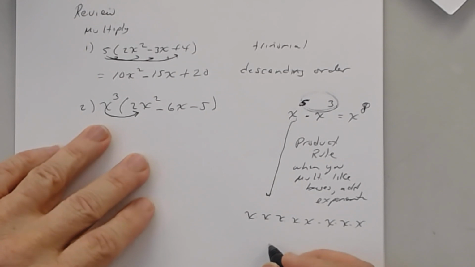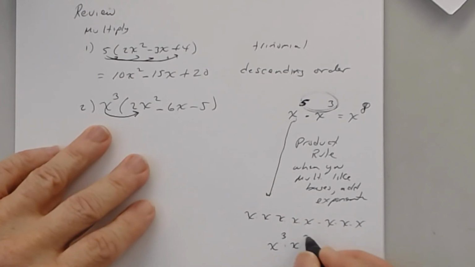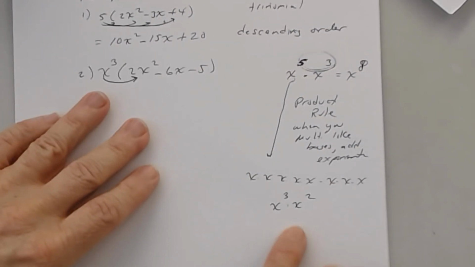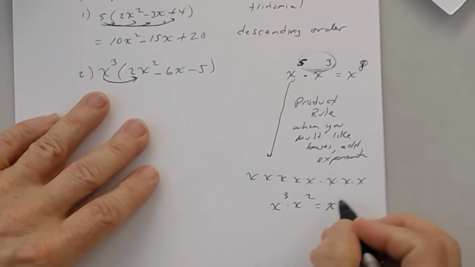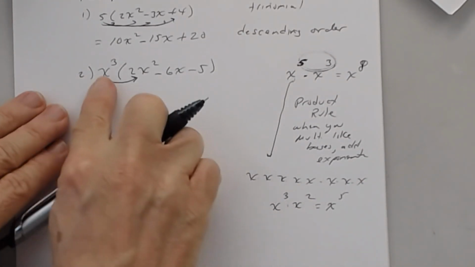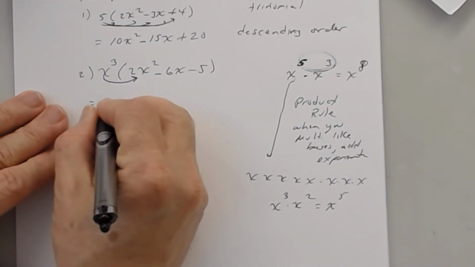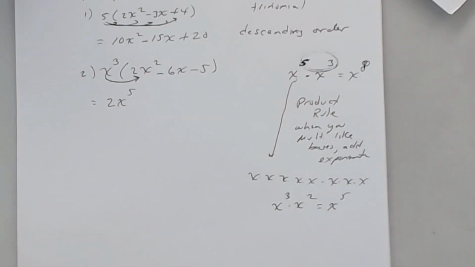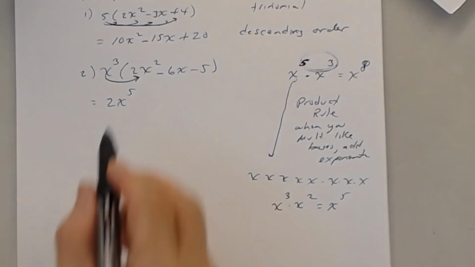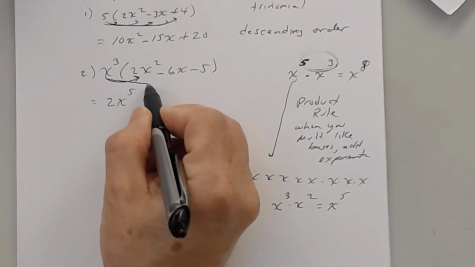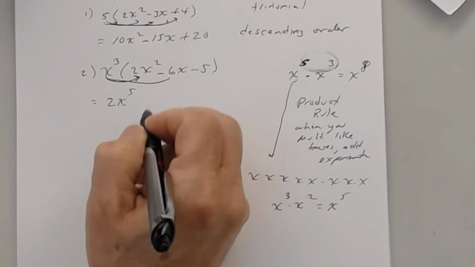All right, so I have x cubed times 2x squared. So let's think about this. This is x cubed times x squared, right? So what's x cubed times x squared? X to the 5th. So what is x cubed times 2x squared? 2x to the 5th. What is x cubed times a negative 6x?